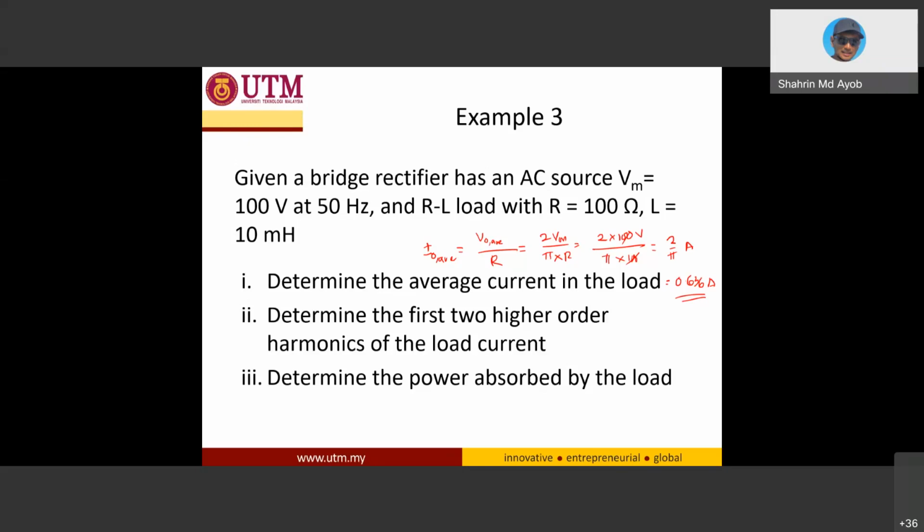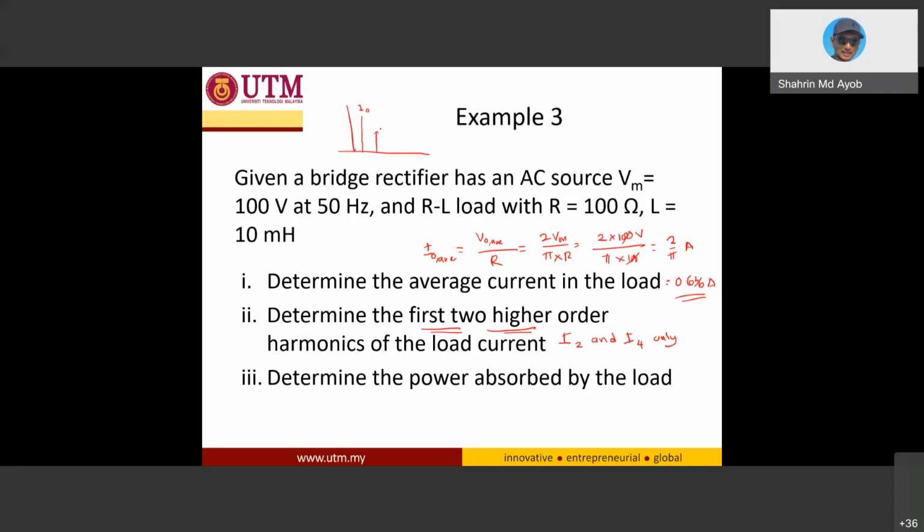The second one, determine the first two higher order harmonics of the load current. Meaning you need to calculate I2 and I4 only. We know that this one is I0, which is not considered a harmonic; it is your average DC component.